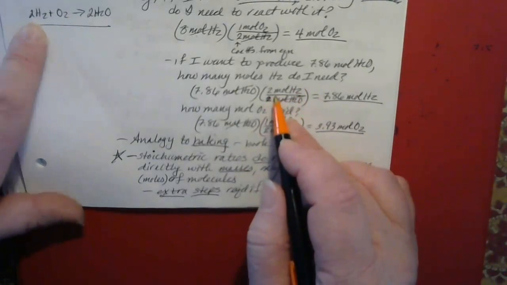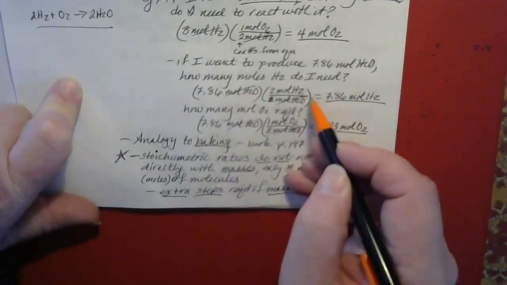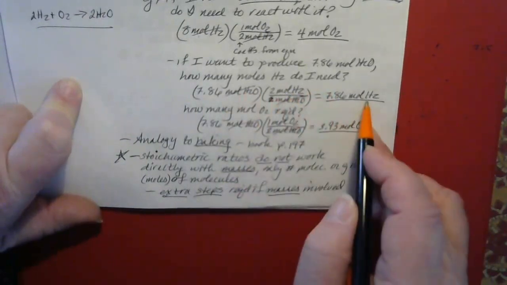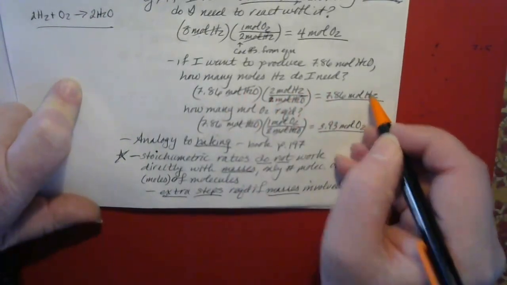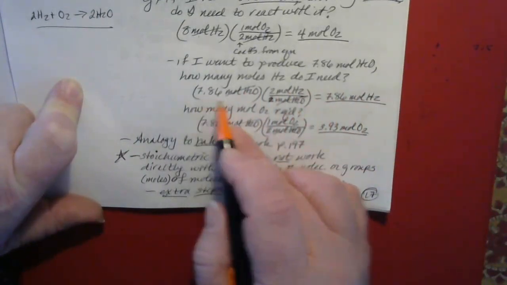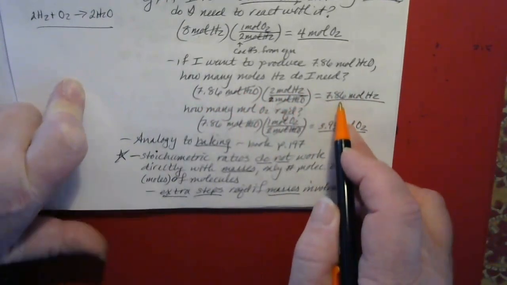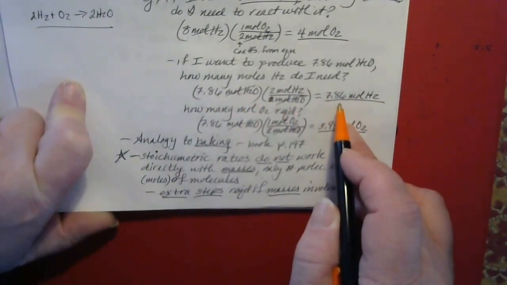So 2 moles of H2 for every 2 moles of H2O. Moles of H2O will cancel out, and moles of H2 will be the unit for the answer, which is what you want. And the number will be 7.86 times 2 divided by 2, which is 7.86. So it is the same.